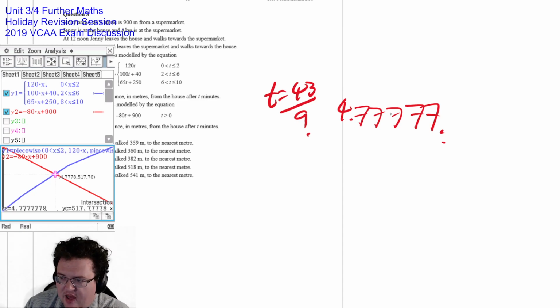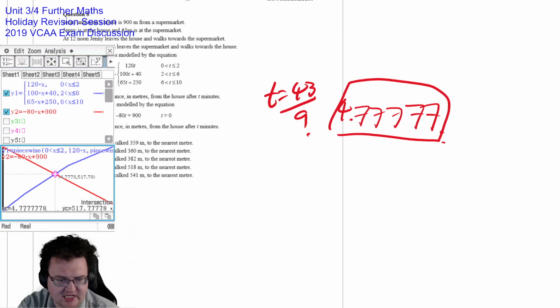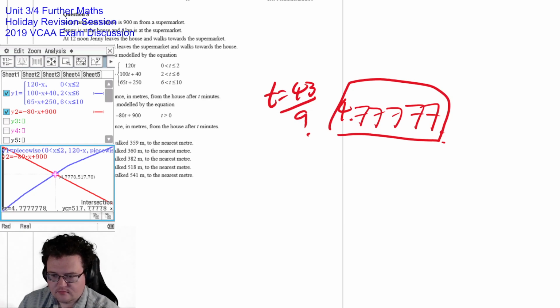Okay, so now we have this 4.777 thing. Because Jenny's is piecewise, we are not going to use Jenny's to help us. According to this, on the CAS, which direction is Alan walking? Alan is walking towards the house.